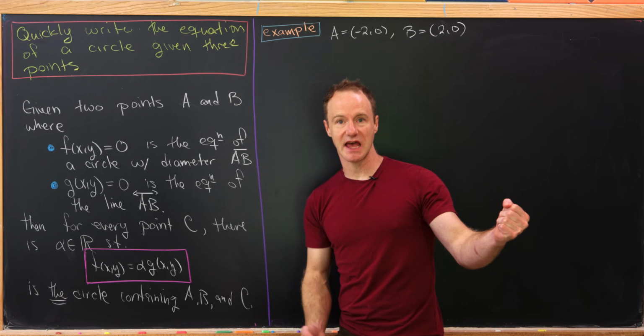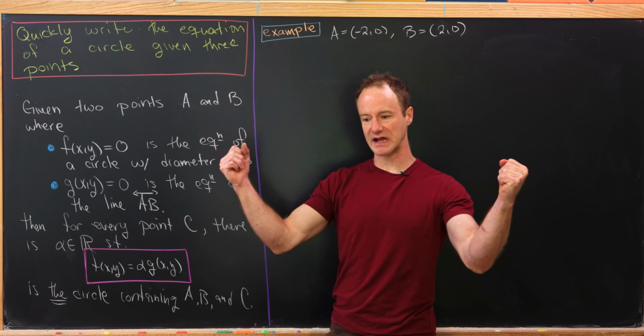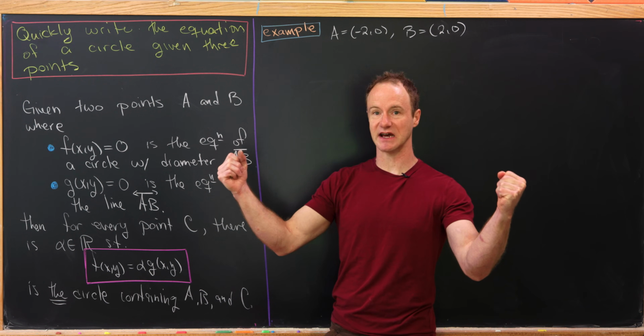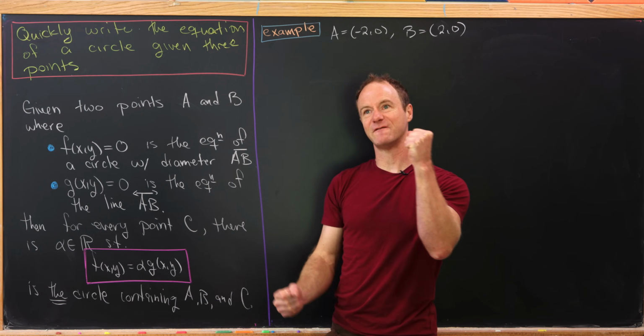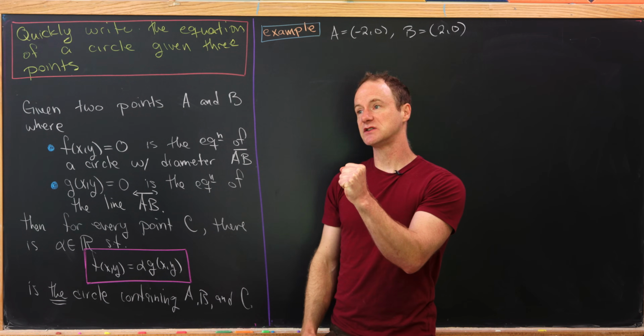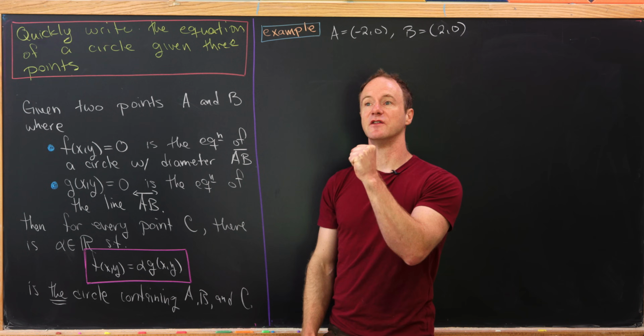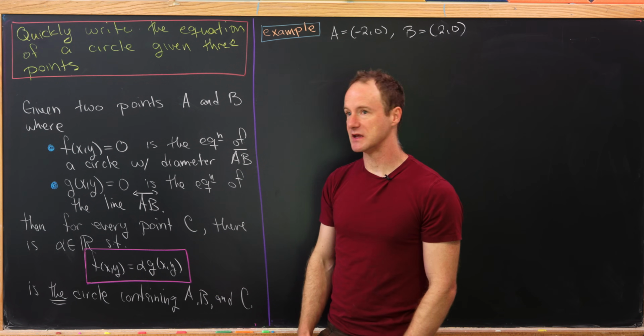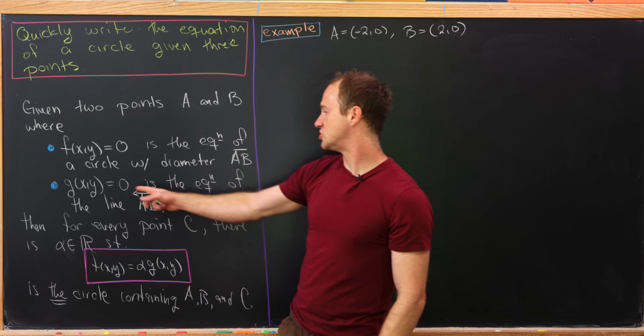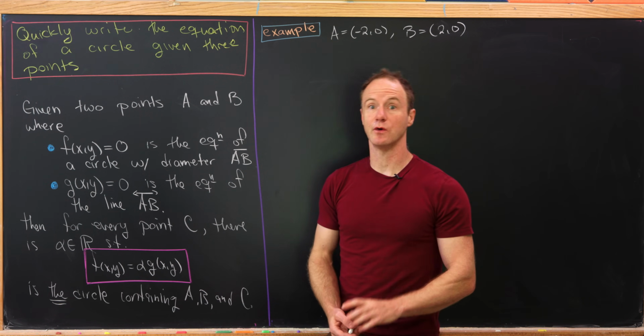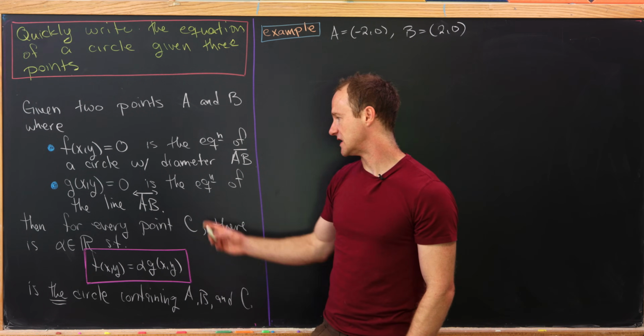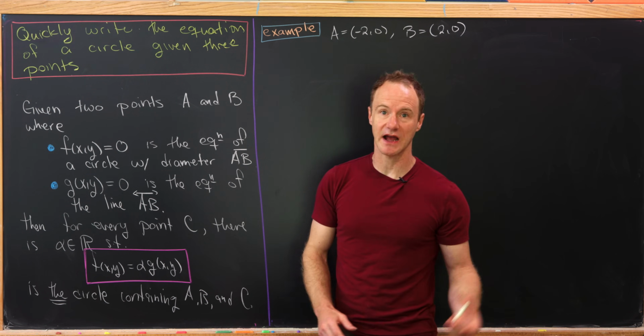So that means it contains A, it contains B, and the line segment AB is the diameter. That fixes the center to be the midpoint between A and B. Then g of x,y equals 0, that level curve of g, is the equation of the line AB.